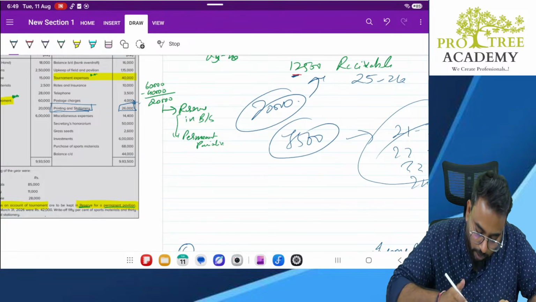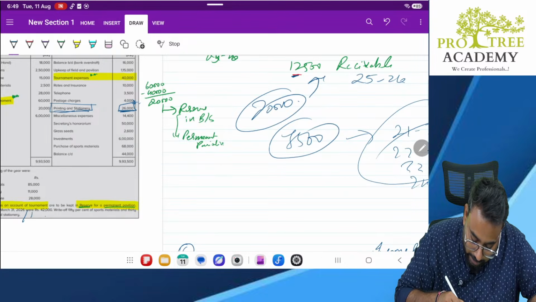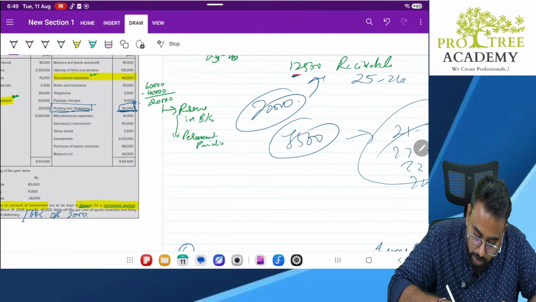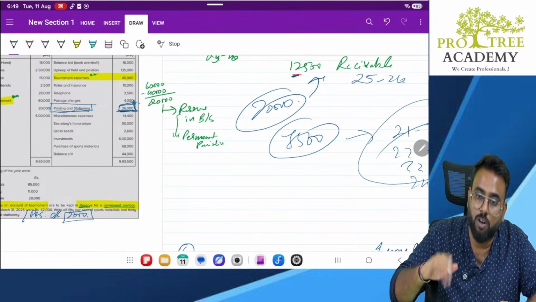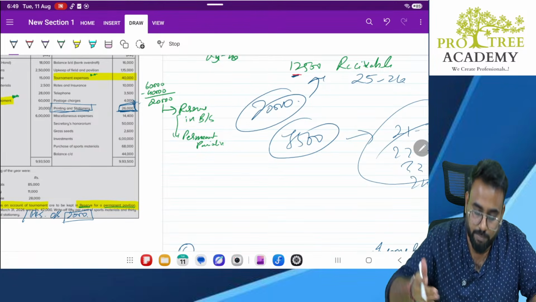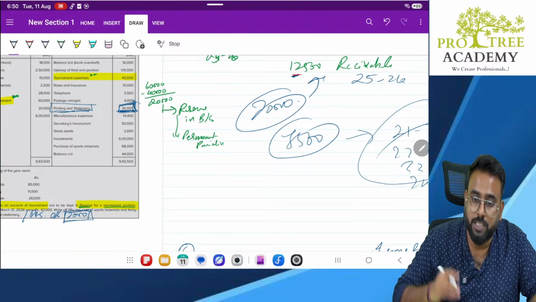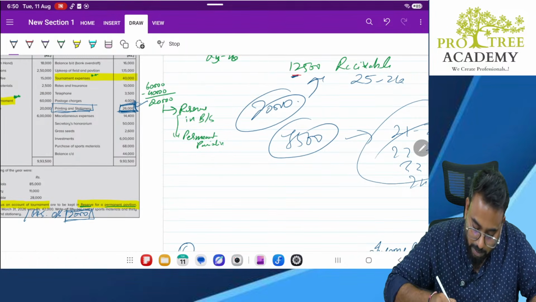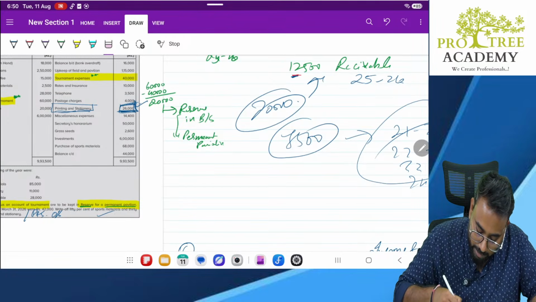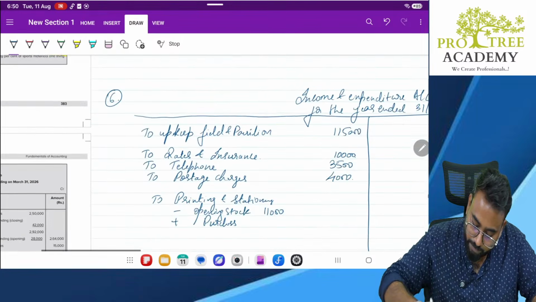Say for example, in this case, printing and stationery they have given 26,000 here. Along with that, suppose they have given a sentence here, printing and stationery outstanding 2,000. That means 26,000 is the expenditure on which payment has already been done, and 2,000 is the expenditure on which payment has not been done. So what is the total purchase? The total purchase will be 26,000 plus 2,000. But in our case, it is not like that. So we will directly take 26,000 as our purchases. Clear? Okay.